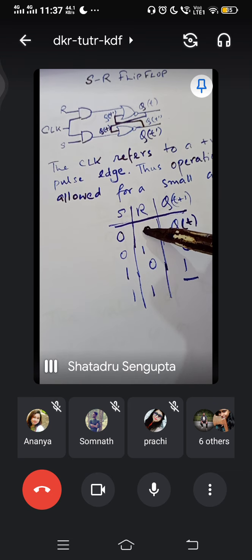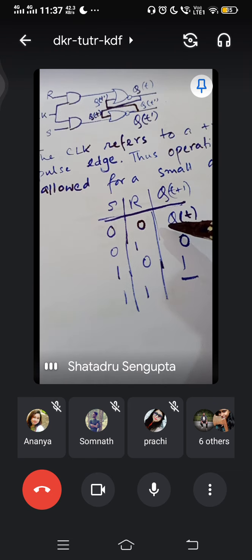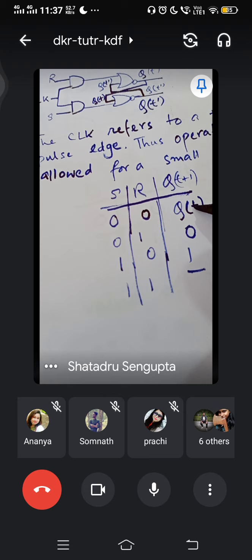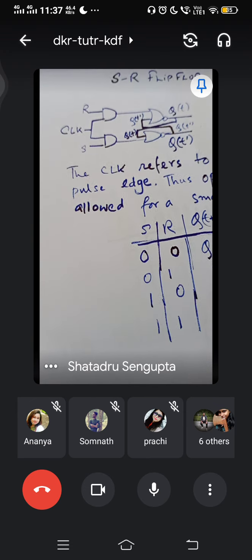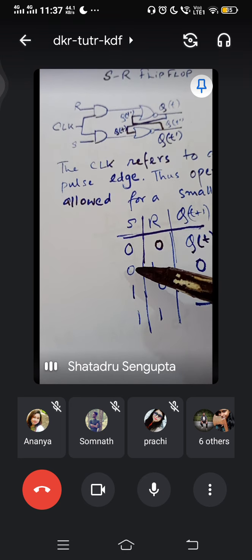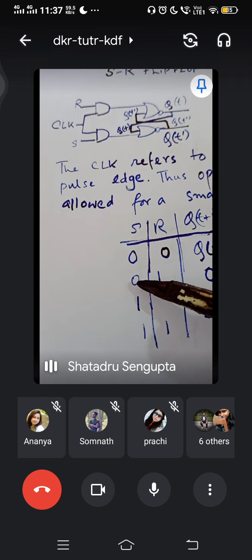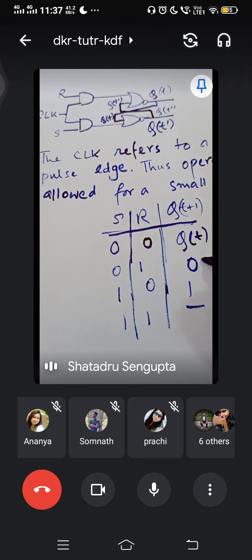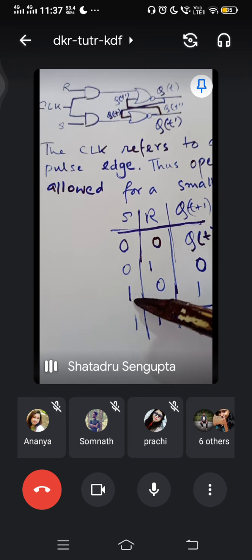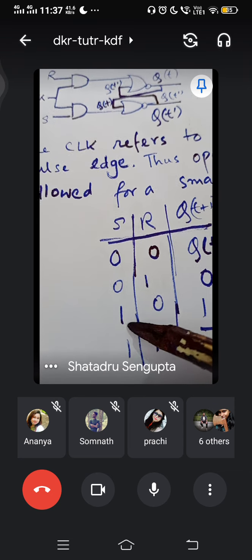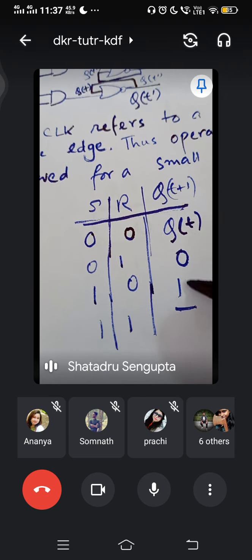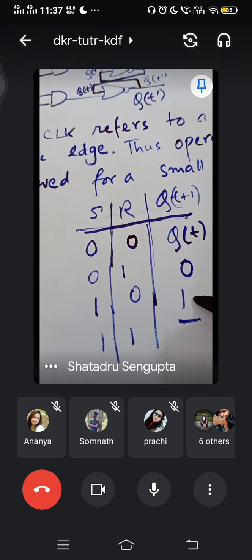When set and reset are 0, it is a hold position; the output does not change, it stays the same as the previous output. If you reset it, setting S to 0 and R to 1, then it comes out as 0. Similarly, if you set it, setting R to 0 and S to 1, then 1 comes out.